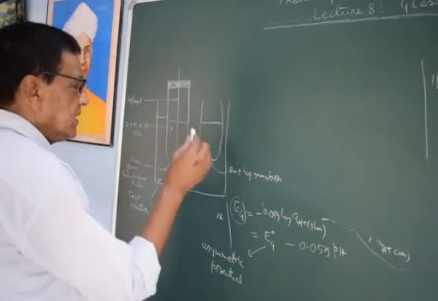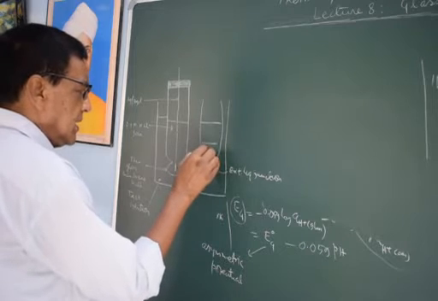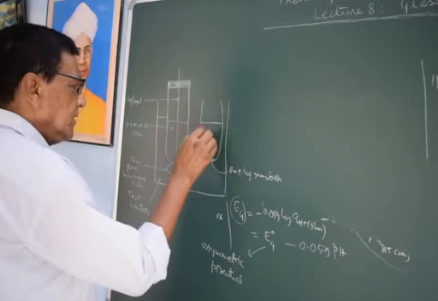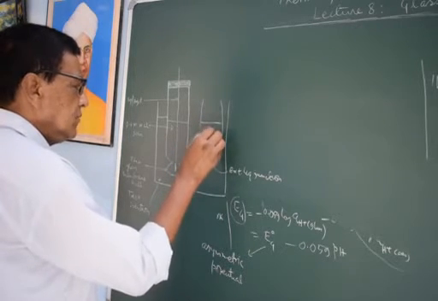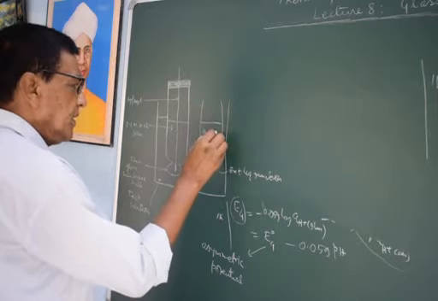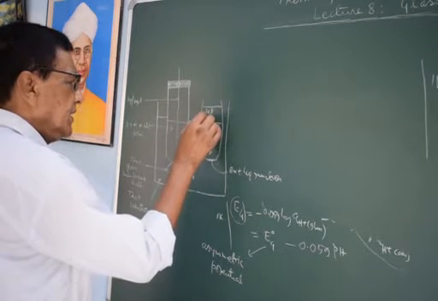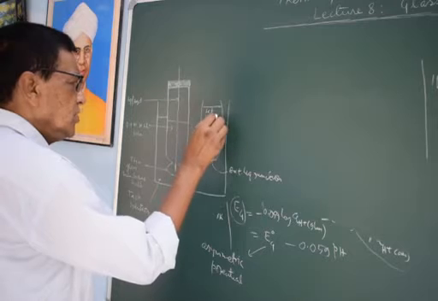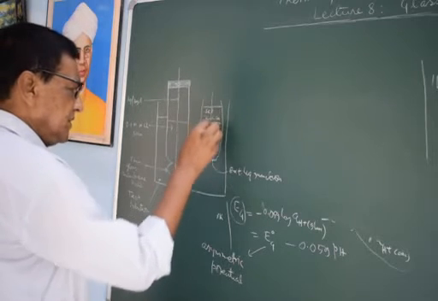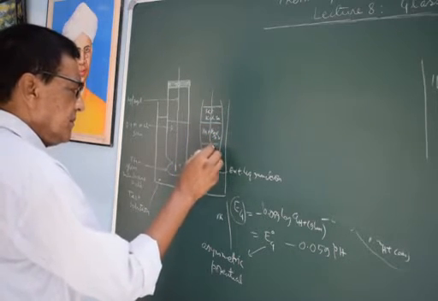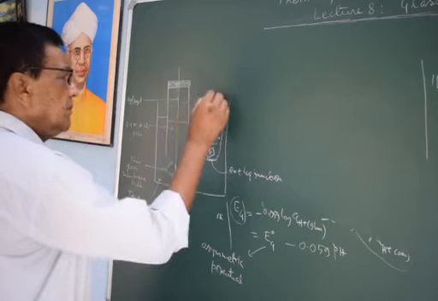Here the mercury, here the mercury plus mercurous chloride, here the saturated KCl solution, and this is the platinum.